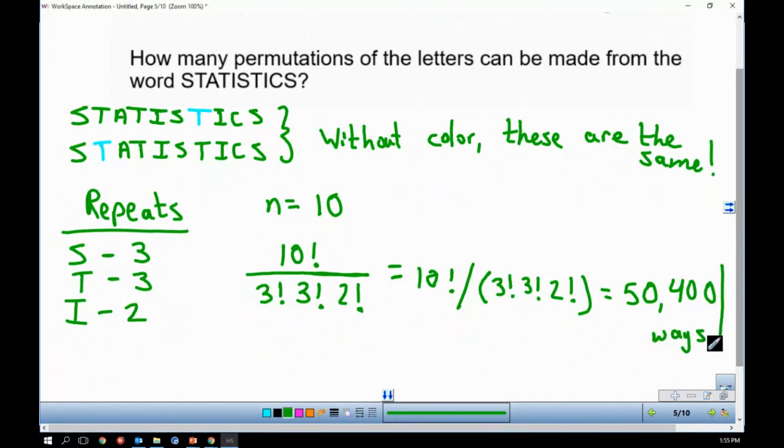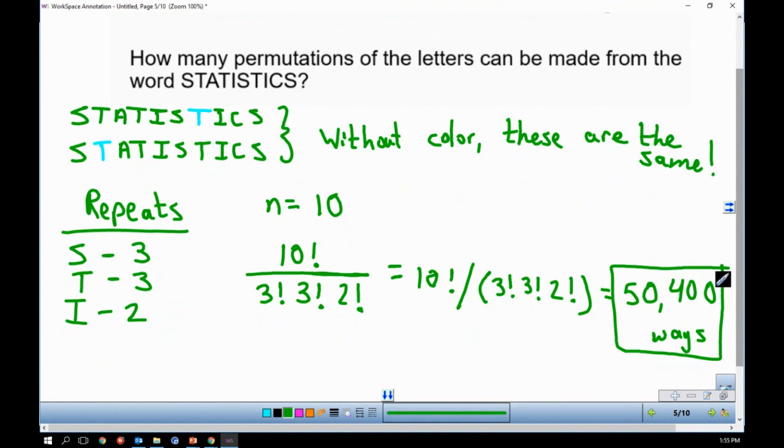I think I did it right, I just put the wrong numbers in. 50,400. Yep.